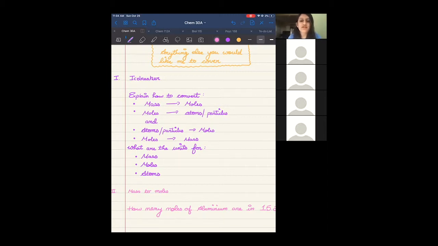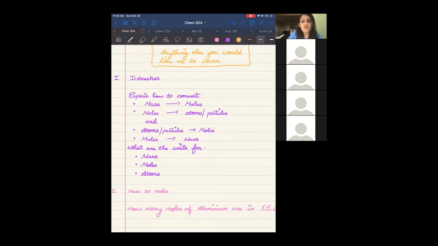I got an answer in the chat. For mass to moles, we have molar mass, and then from moles to atoms, we have Avogadro's number. Does everybody agree with this answer? Okay, sounds good, everybody is in agreement.